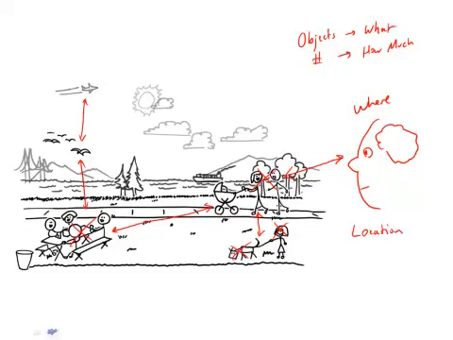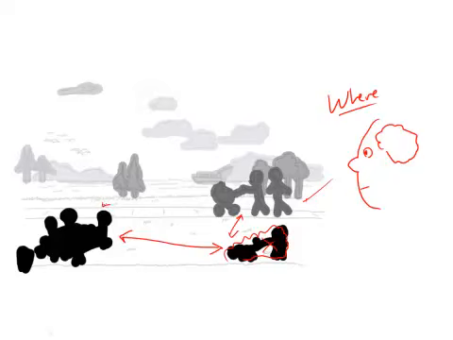And so in fact, what the world's going to look like, according to our where pathway, is much more like this. All we're going to see is a kind of blobby shape with no regard for what it is, but tremendous detail for, again, the distances between all of those different things that are in front of us, represented here by the differences in shading, whether it's black or dark gray or light gray.